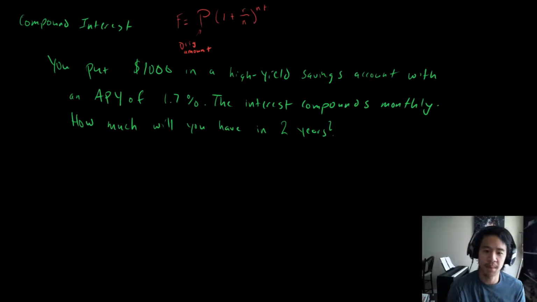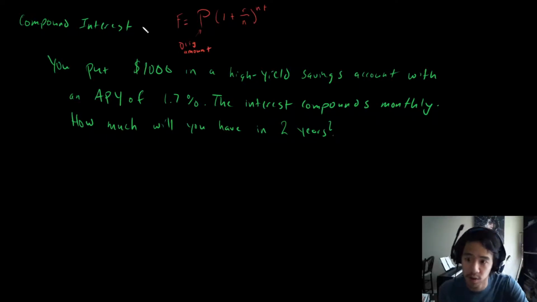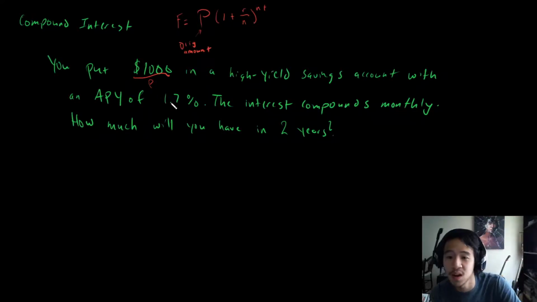All right, and what I mean by that, hopefully that'll be clear in this question. So let's go ahead and read this. You put $1,000 in a high yield savings account. Well, if you put $1,000, that's going to be your original. So that's P. Okay. And it has an annual percentage yield, APY, I think that's what APY stands for, of 1.7%.